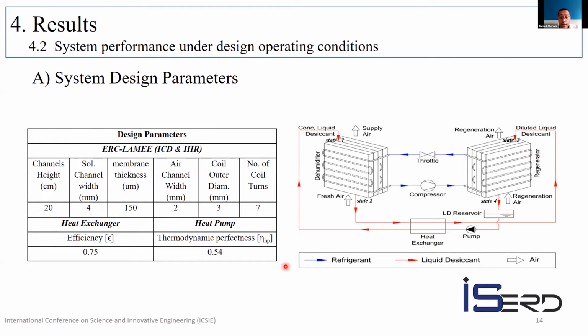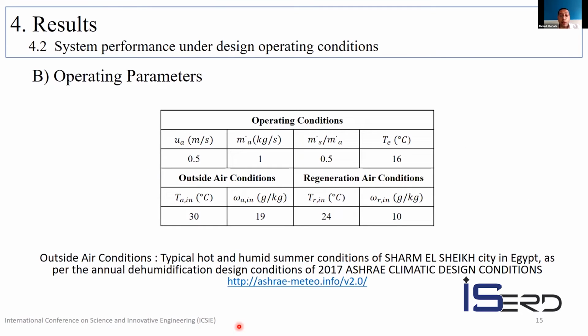First, this is a design parameter. We have set a set of design parameters, initial parameters for the whole system. And then we have set the operating parameters. There are two types of parameter. Operating parameters are parameters that the operator of the system can use to change or to control the system. And there is an outside air condition.